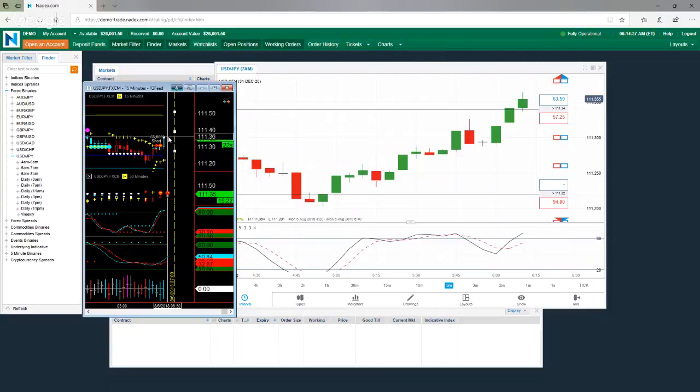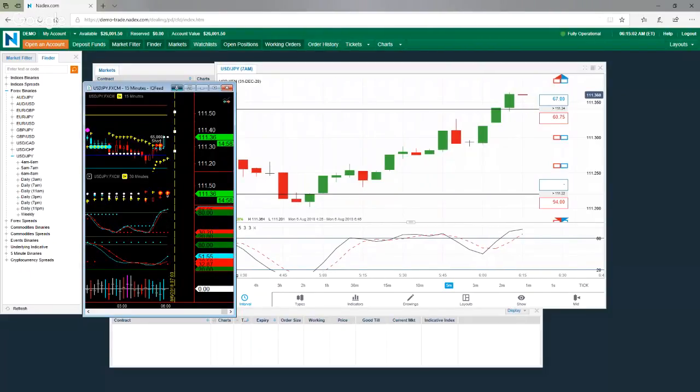I'm really looking to see if this white dot holds price back. And as you can see, it did hold.